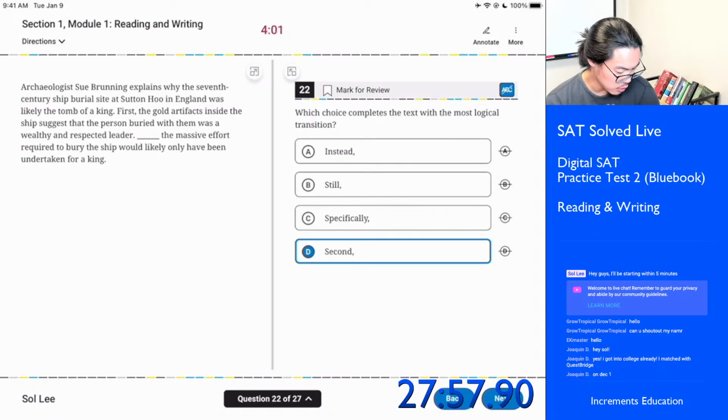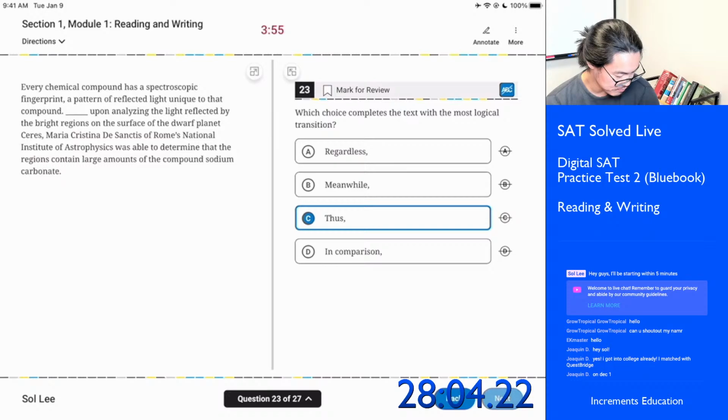First, they suggest the gold artifacts. Second, there's this massive effort. Every chemical compound has a fingerprint, a light print, basically, and thus the light print helped her determine the chemical compound. Yeah, so that's thus.